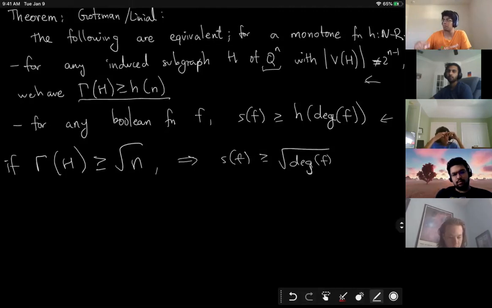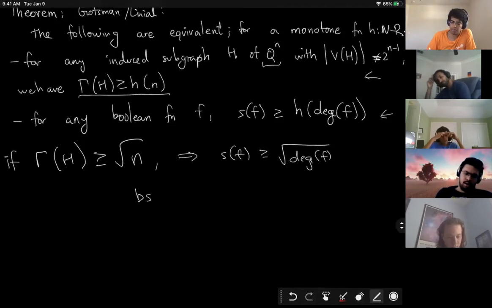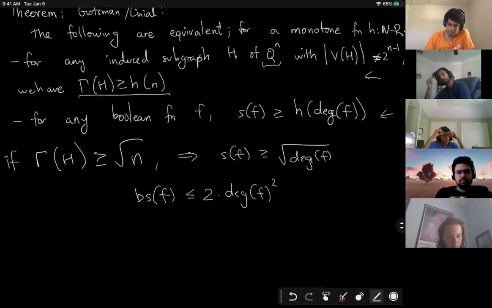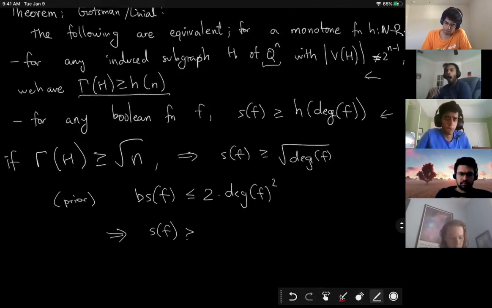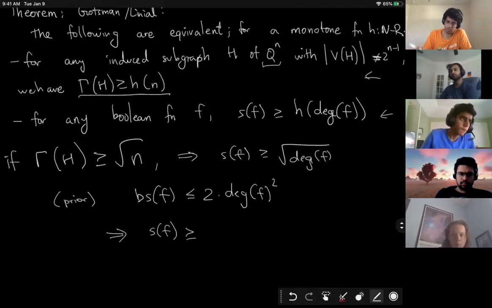And there's another prior work that gives that the block sensitivity is less than or equal to 2 times the degree squared, which would then mean, this is just prior work, so then this would just mean that the sensitivity of f is greater than or equal to the block sensitivity to the fourth.